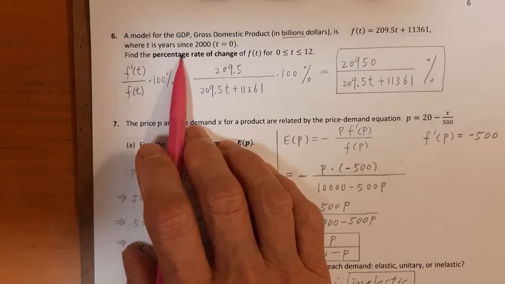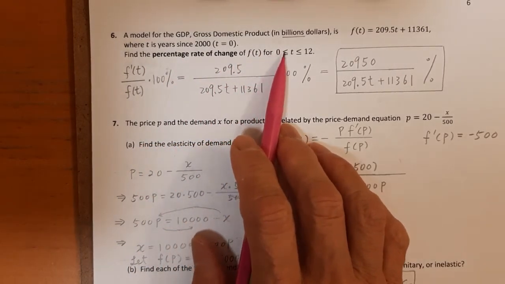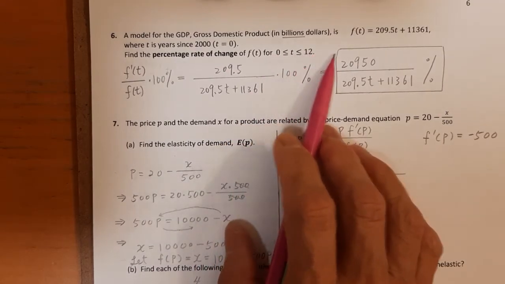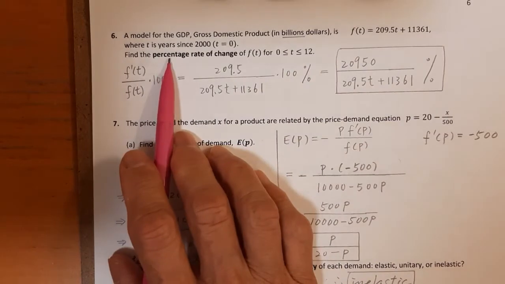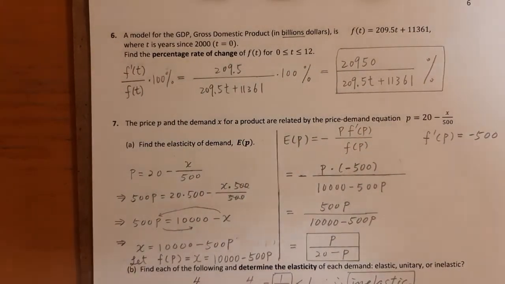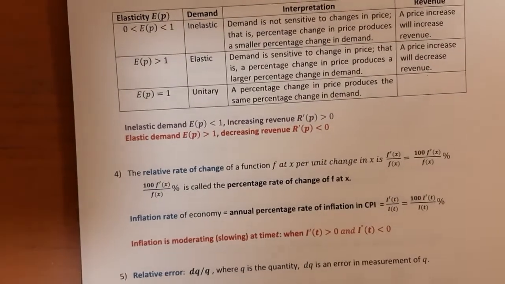Find the percentage rate of change of f of t for t greater than or equal to 0, less than or equal to 12. Now, what is the percentage rate of change? Here are the notes.